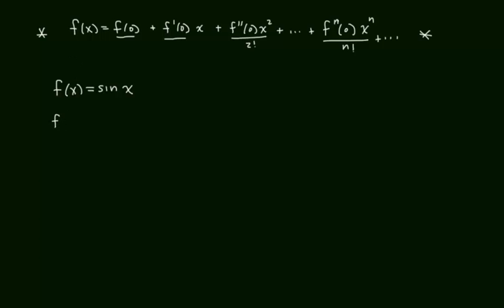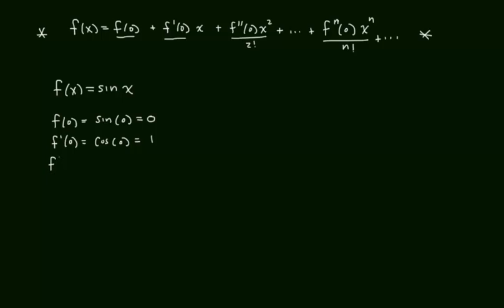I'm going to need f of 0. So f of 0 is simply the sine of 0. And the sine of 0, as you know, is 0. I will also need f prime of 0. So the derivative of f is going to be cosine, and the cosine of 0 equals 1. Great.